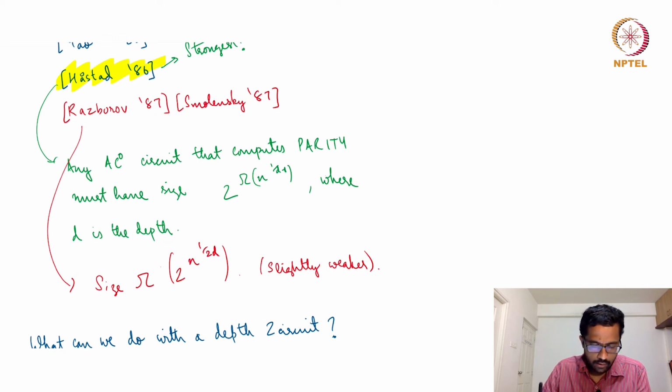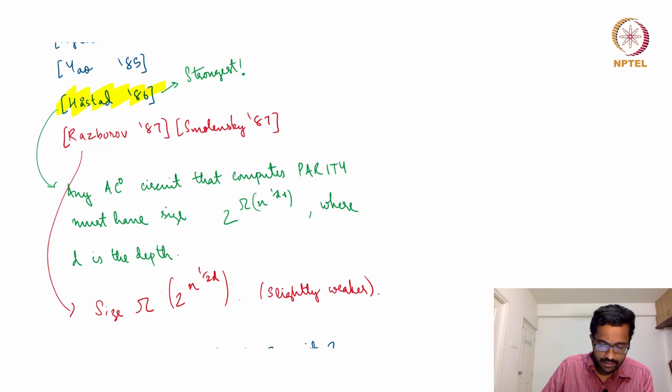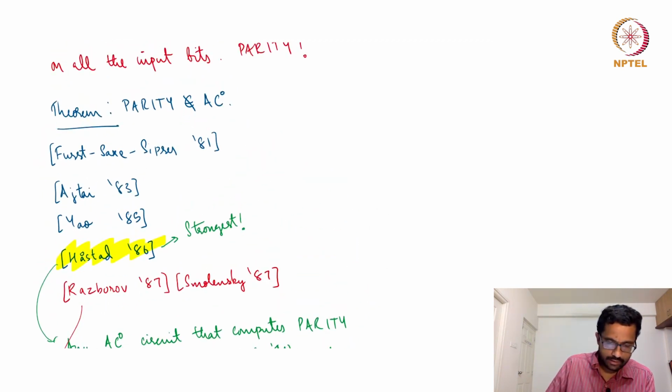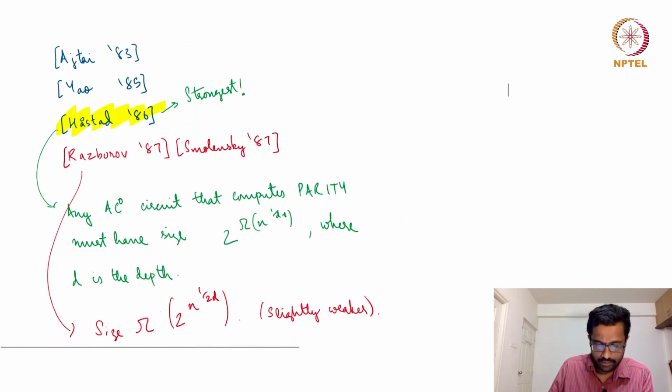Okay. So let me just state what Hostad says and what Rasparov-Smolensky says. Right. So parity is not in AC0 is what it implies, but I will just state it.